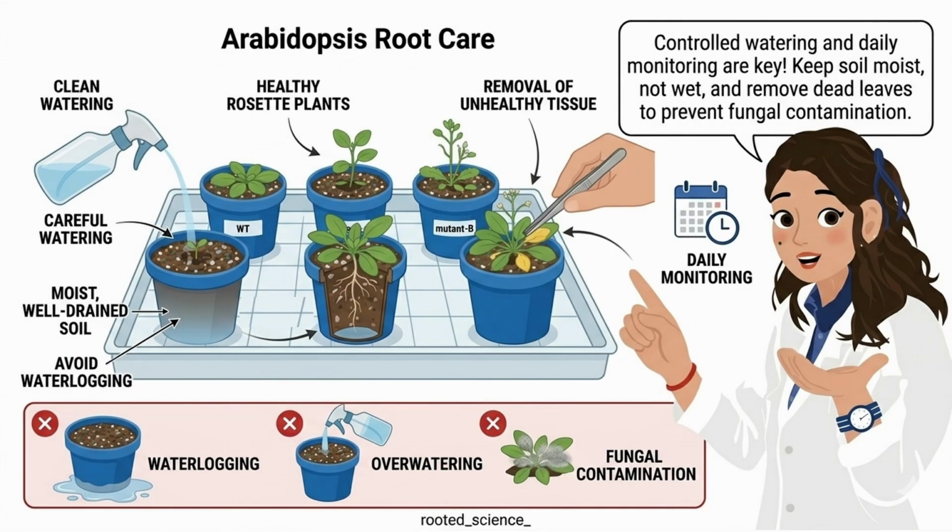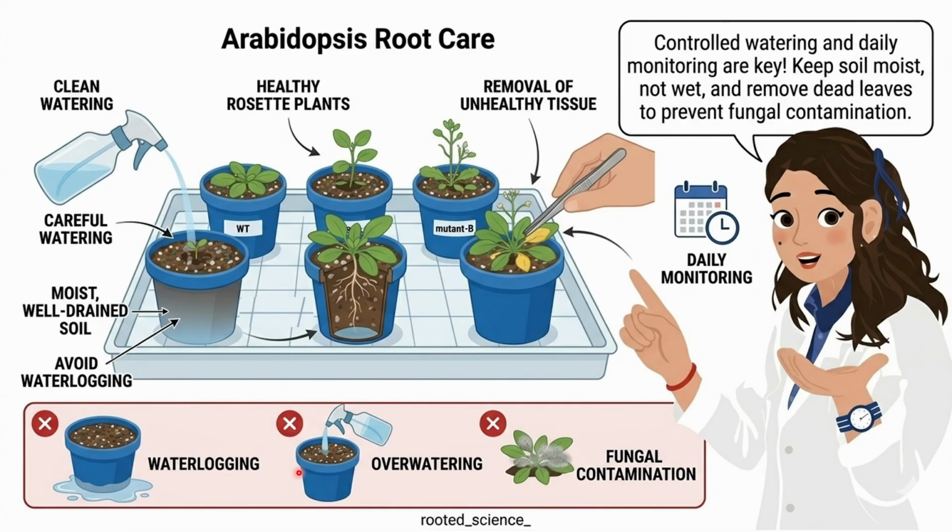So it is very crucial for us to maintain the plants in the lab, and there are a few factors that might affect plant growth. Here I'm going to mention things that we need to avoid for proper root care of Arabidopsis. We need to make sure that the water we are giving to the plants is well drained. There is no clogging of water within the pot, because that might make the roots of Arabidopsis rot.